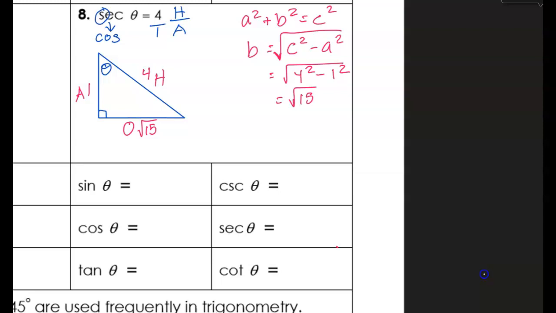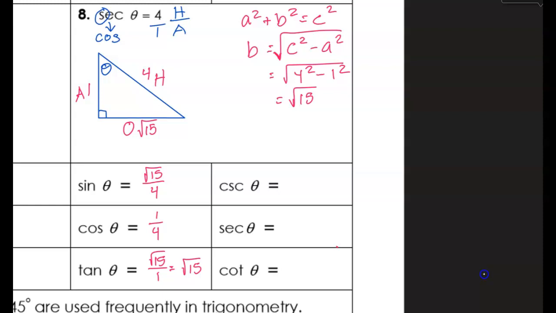So now that I have all three sides, I can now find all six trig functions. Sine is opposite over hypotenuse, so it's the square root of 15 over 4. Cosine is adjacent over hypotenuse, 1 over 4. Tangent is opposite over adjacent, so it's the square root of 15 over 1, which just simplifies down to the square root of 15.